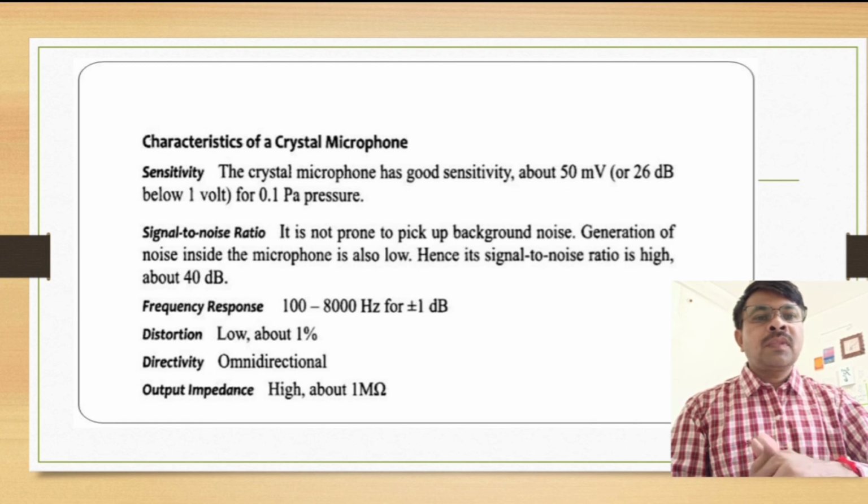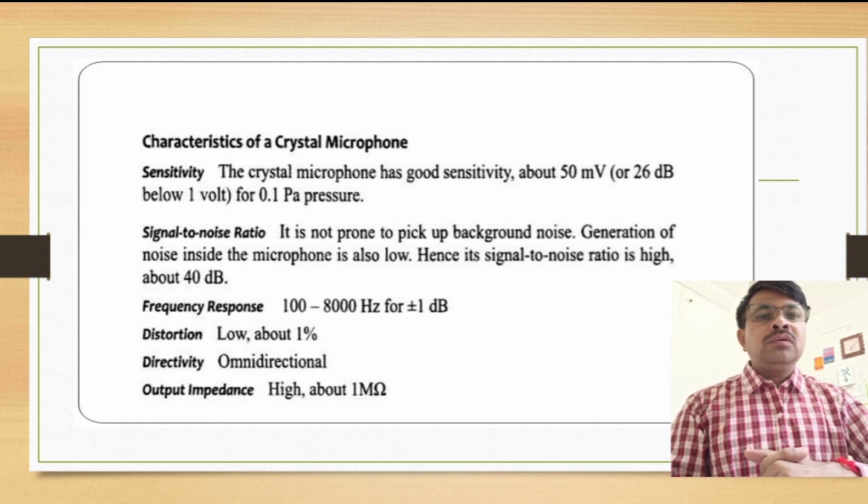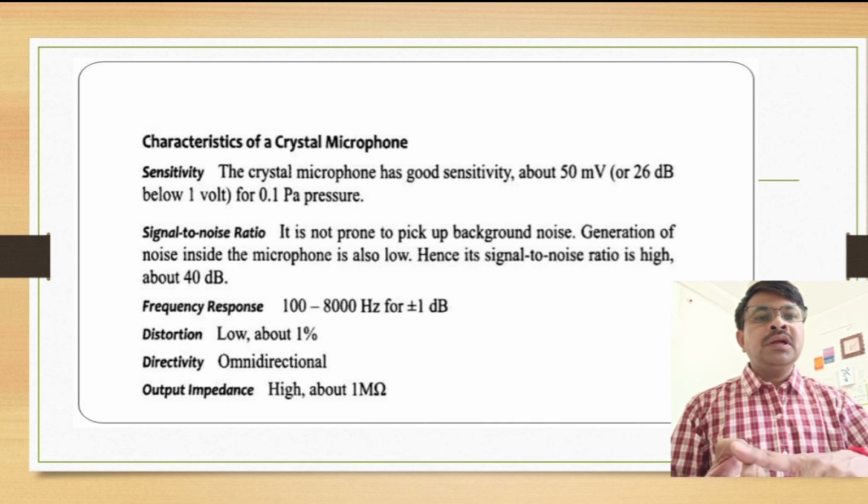Student, up to now we have completed two microphones. One is the ribbon microphone, second is the crystal microphone. In that we learned the internal diagram, the internal construction, the working of both microphones, and the important characteristics of both microphones.